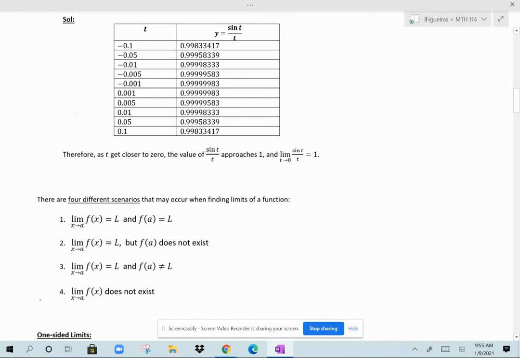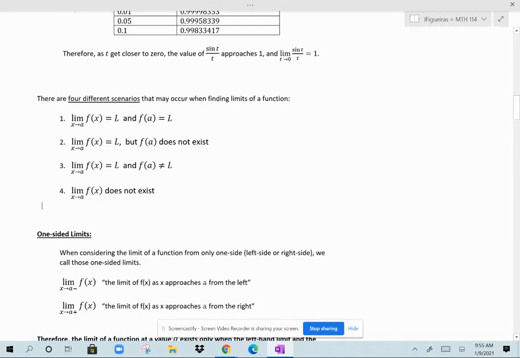And then in your fourth example, well, the limit simply just does not exist, and there'll be different reasons why that happens. For a limit to exist, it has to be a finite number that we're calling L. It can't be going to positive or negative infinity. And the limit from the left and the right side of a have to be going to the same number L. So, which leads us to more definitions.